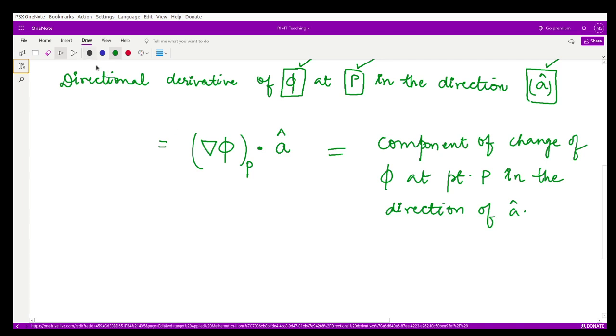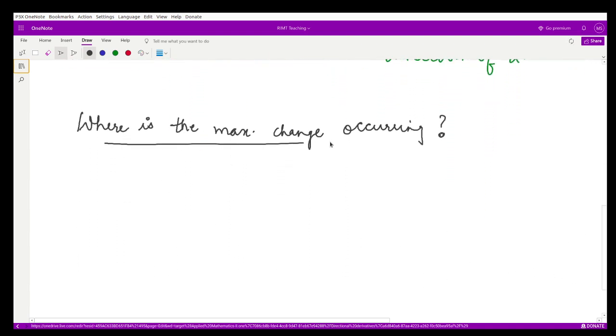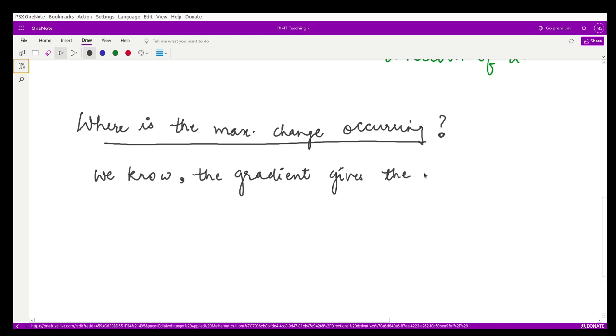And moreover, there is also one more result which says that if you wanted to calculate where the maximum change is occurring, the answer is that you already know which quantity gives you the maximum change. We know the gradient gives the maximum change.